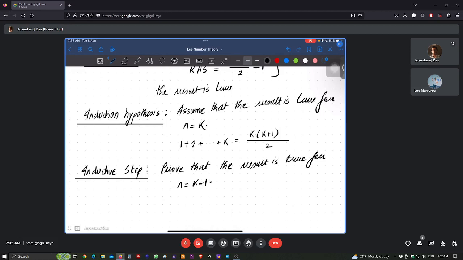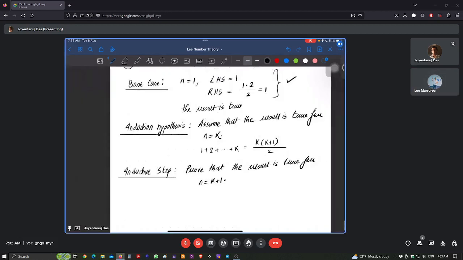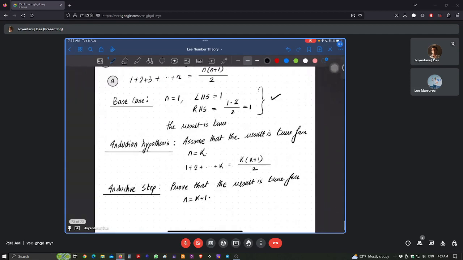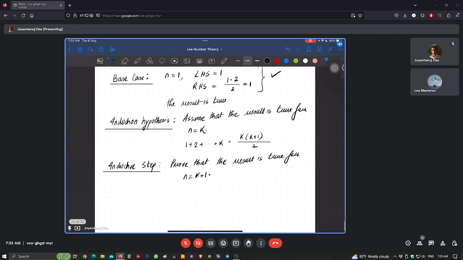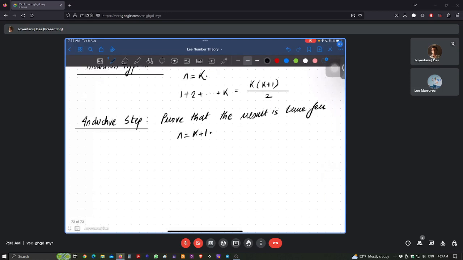We'll use the help of the induction hypothesis to prove it. Here you have to show that 1 plus 2 up to k and then k plus 1 equals k plus 1 into k plus 2 by 2. This is not yet done; this you have to show.